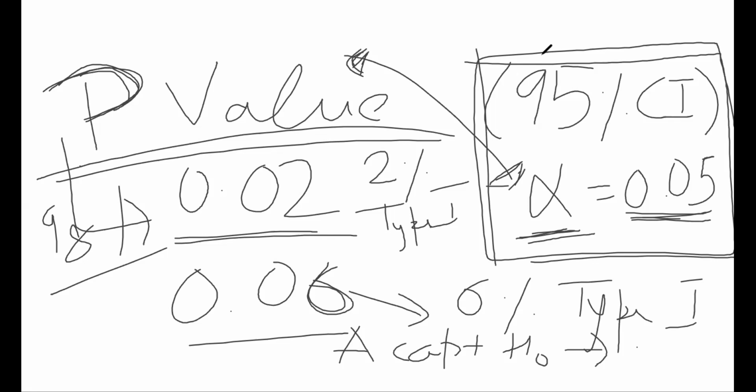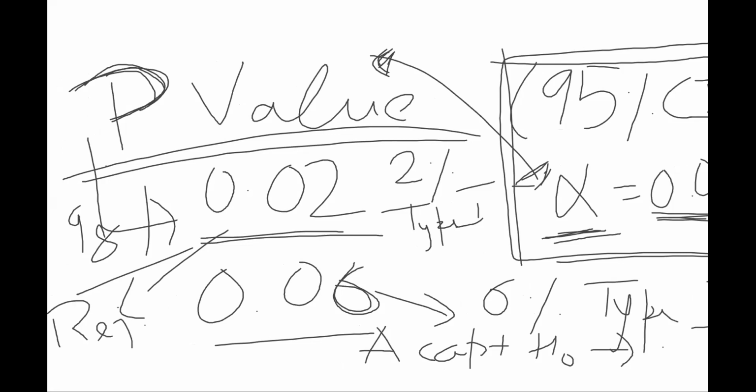But if our p-value comes out less than alpha, the chances of type 1 error are low, and we reject our null hypothesis, which means we accept our alternative hypothesis. That means either the means are not equal, or the variances are not equal, or there is a statistically significant difference in our result.